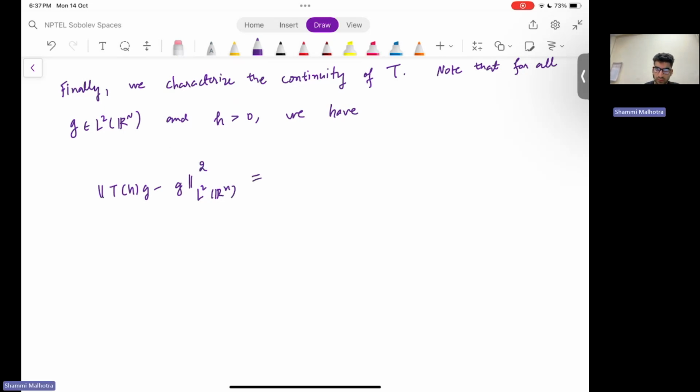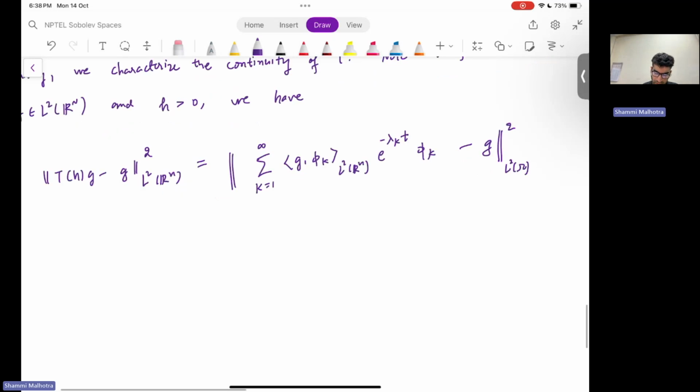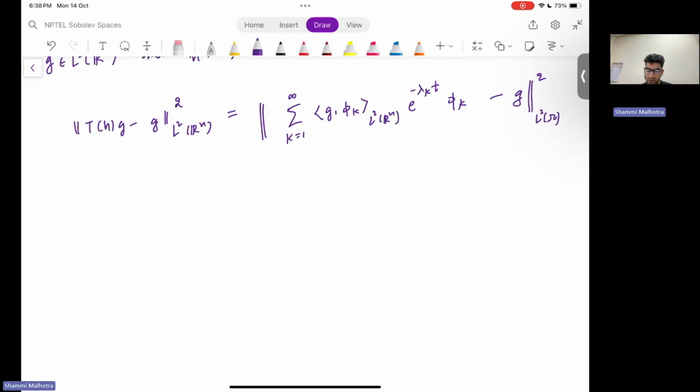Okay, so this will be nothing but, I just expand T(h), the whole summation k from 1 to infinity, the inner product of g with phi_k in L2, and then we have this e^(-lambda_k h) phi_k, and then we have minus g, whole square in L2(omega). So this is definitely T(h)g, but we also know that g has an expansion.